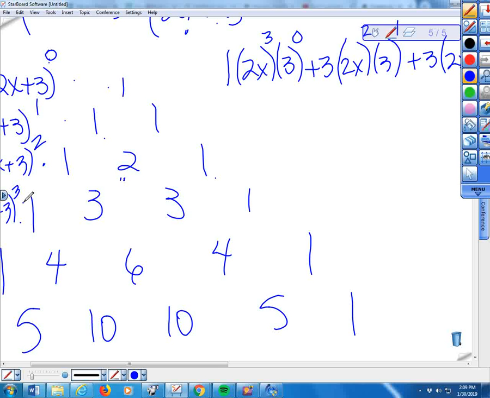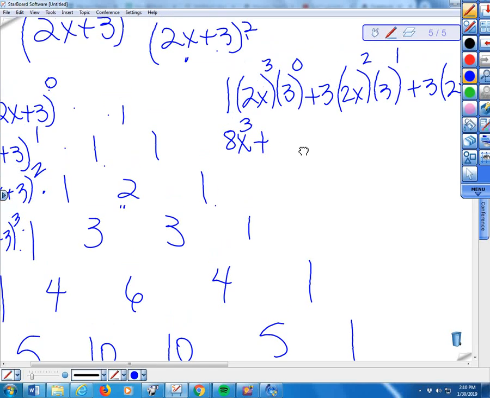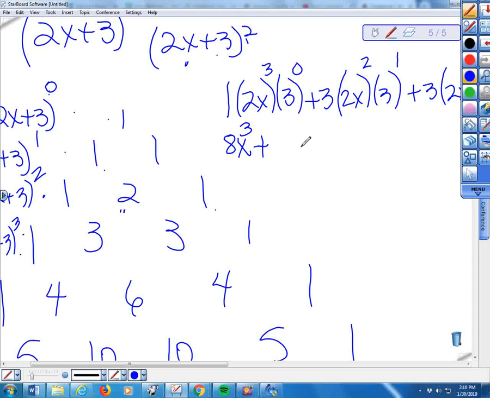Okay, so now I can simplify this. 2x cubed is 8x cubed. 3 to the 0 is 1. So there's my first term. This is 2x squared, so that's 4x squared times 3 times 3, times 9.